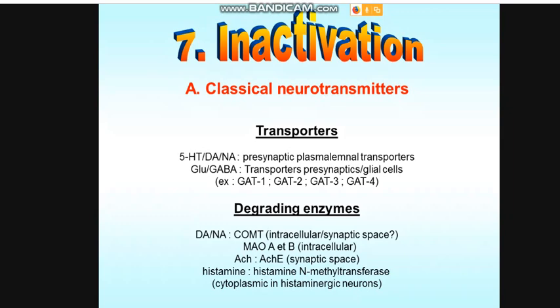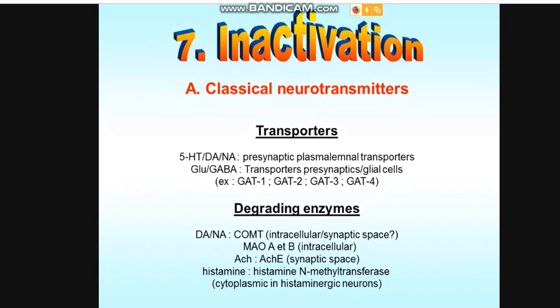We have also some degrading enzymes. For dopamine and noradrenaline, we have COMT, which is mostly intracellular, but not expressed by monoaminergic cells, expressed by GABAergic cells and maybe glial cells.